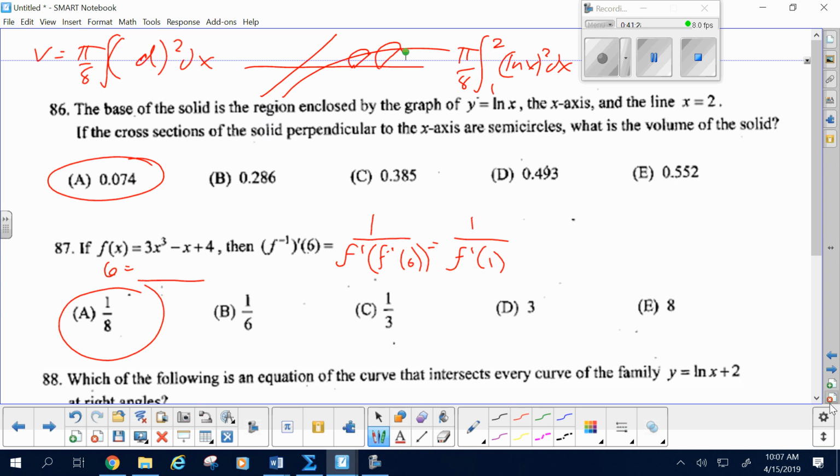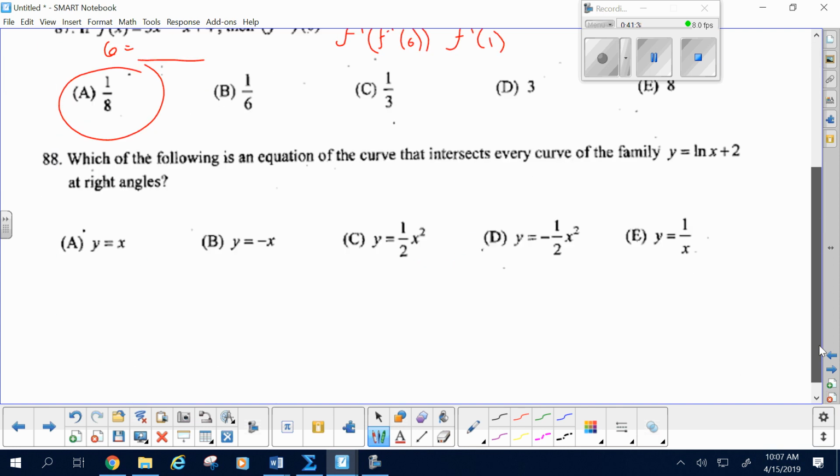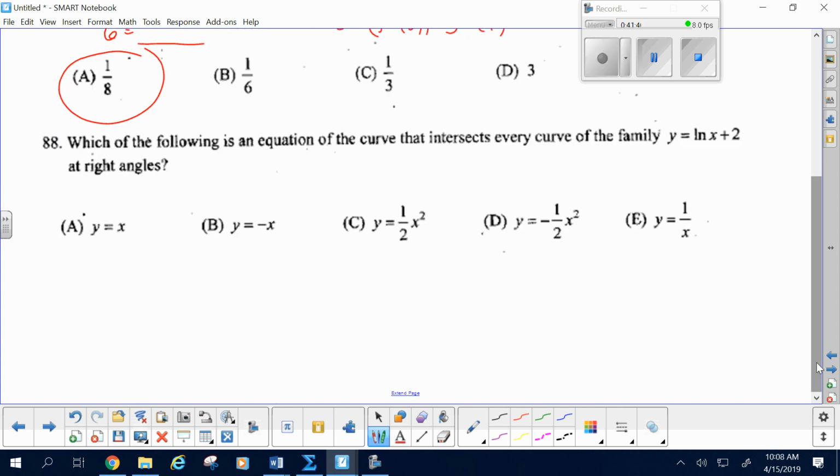And then 88 was the most missed question. Out of roughly 25 people that did this, 18 missed this one, which is very understandable because it was hard. Okay. Now, if they intersect at right angles, then their tangent slopes are perpendicular opposites, right?